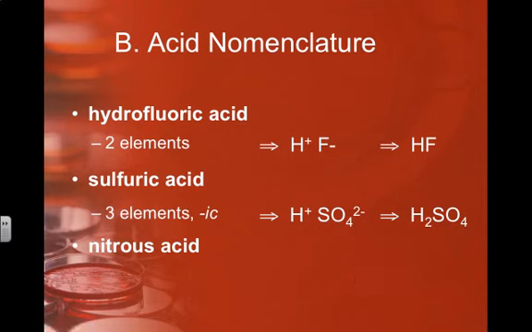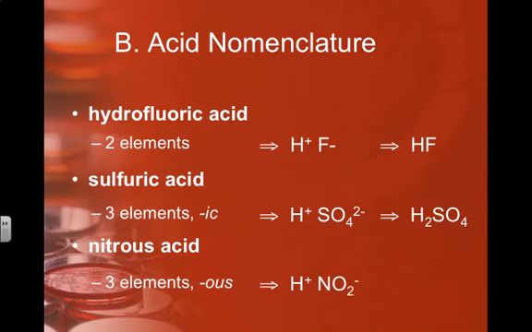All right, nitrous acid. Again, there's no hydro prefix, so it has to be a polyatomic, at least three elements. It ends in ous, so it's either going to be nitrate or nitrite. Since it ends in ous, it's nitrite.